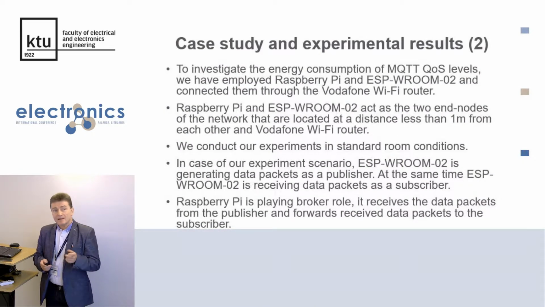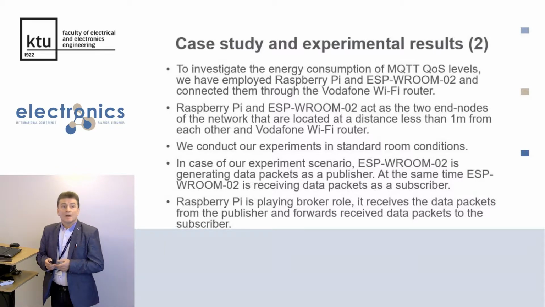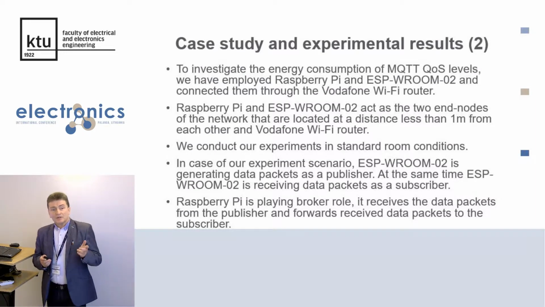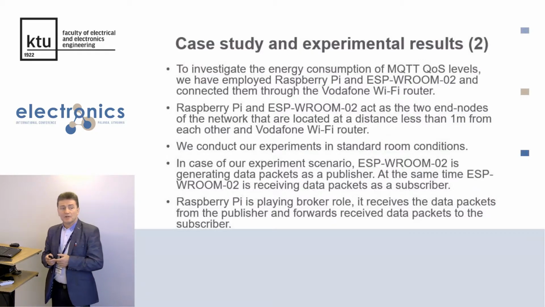To investigate the energy consumption of MQTT quality of service levels, we employed the Raspberry Pi and ESP and connected them through the Wi-Fi router. The Raspberry Pi and ESP module act as two end nodes of the network, located at a distance of less than 1 meter from each other and the Wi-Fi router.